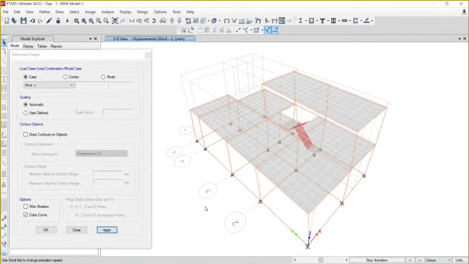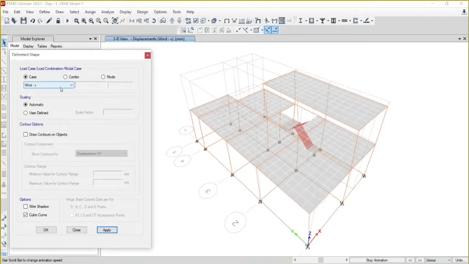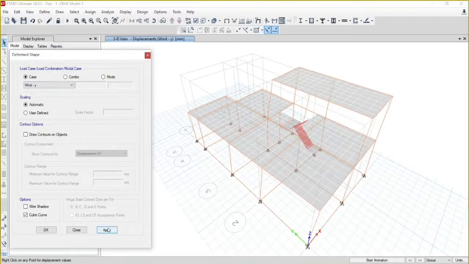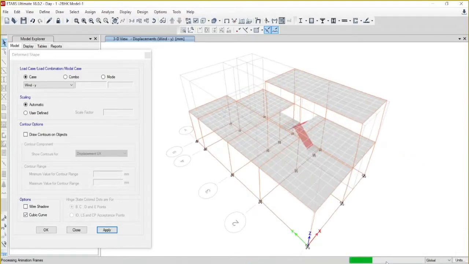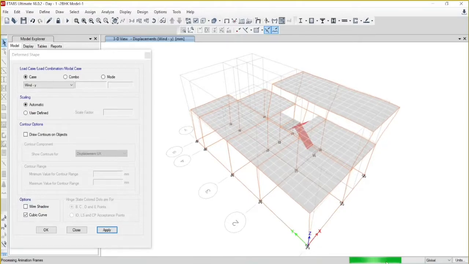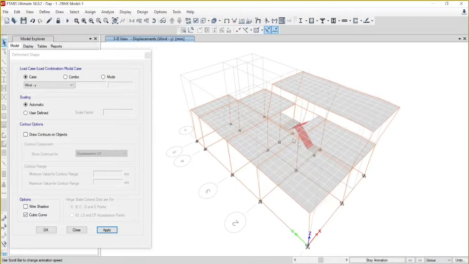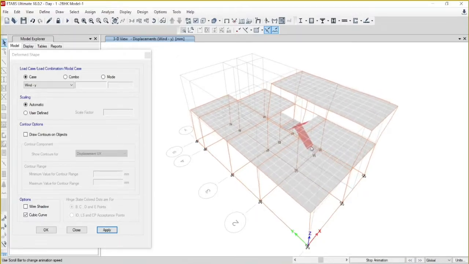The structure is vibrating in this direction, that is x direction alone. Now we apply wind in y direction. Let us press apply here. If you start the animation, the structure will apply the wind load in y direction and give the deflection. You can check that the deflection is occurring only in y direction.